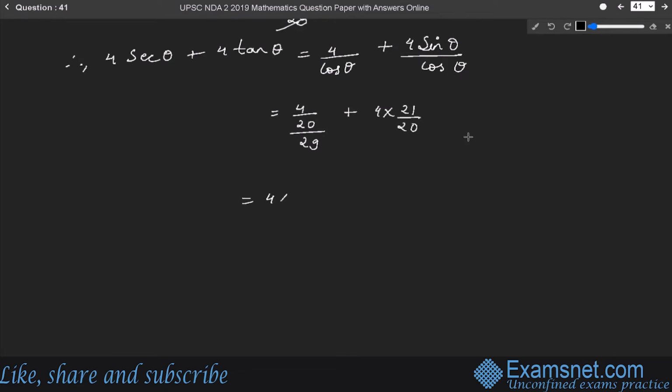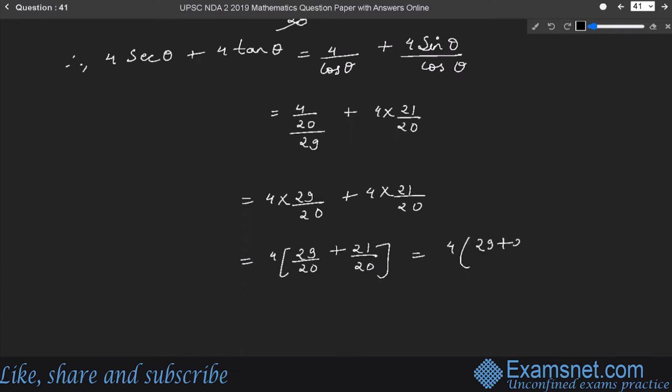So this will be equal to 4 into 29/20 plus 4 into 21/20. So taking 4 common, the remaining terms will be 29/20 plus 21/20.